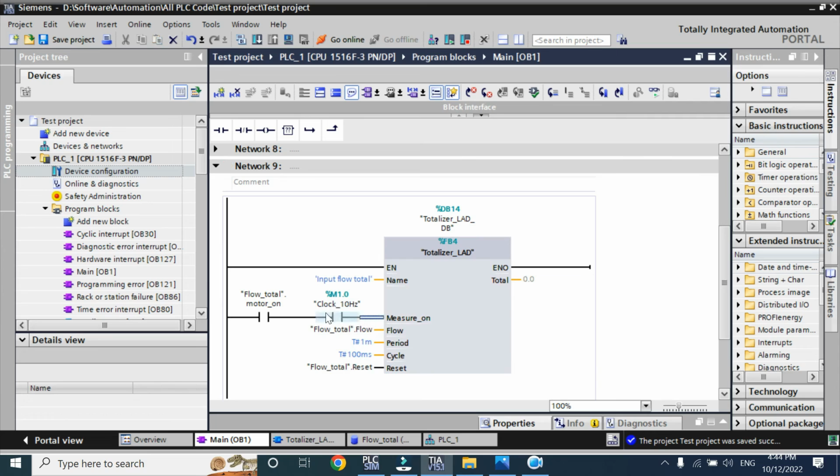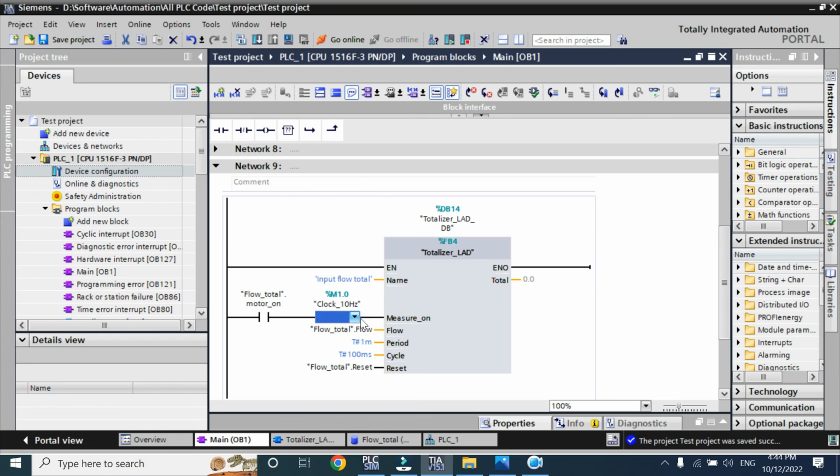Okay, so this clock bit will stay for 100 millisecond. It will come every 100 millisecond and stay for 100 millisecond. So it will add for 100 millisecond, but your CPU cycle time may be 1 second. So for one pulse it will add 100 times.